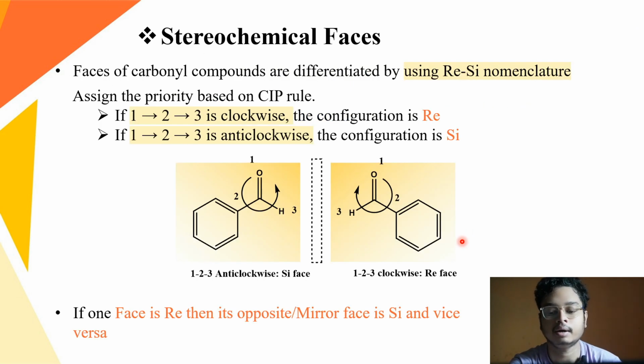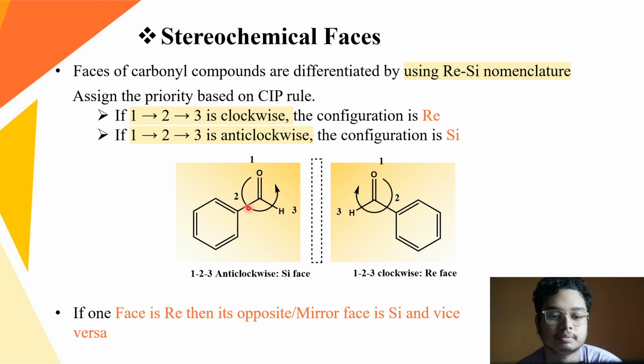So now we're talking about some interesting things about stereochemical faces. Faces of carbonyl compounds are differentiated by using Re-Si nomenclature, not RS nomenclature. Similarly it also follows the same rule, the priority based on the CIP rule, between these three centers, we have to check priority. Now if 1, 2, 3 is clockwise, then the configuration is Re, and if 1, 2, 3 is anti-clockwise, then the configuration is Si.